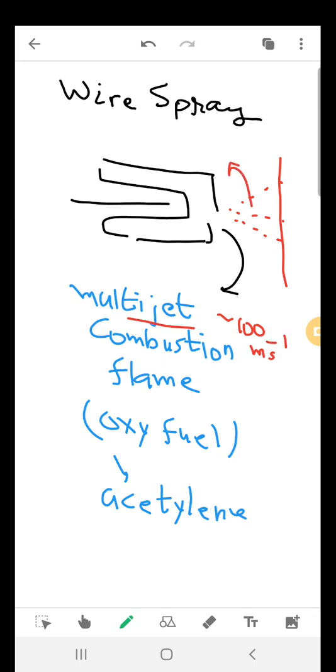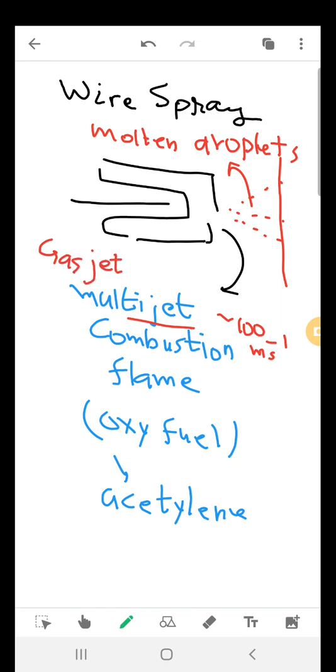And we are using a gas jet, which is mainly compressed air, for this combustion flame.